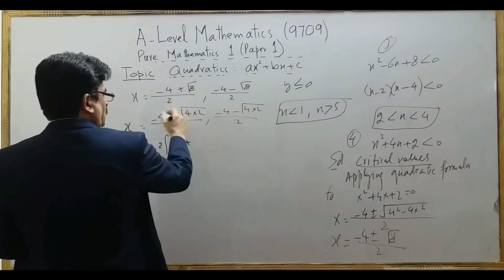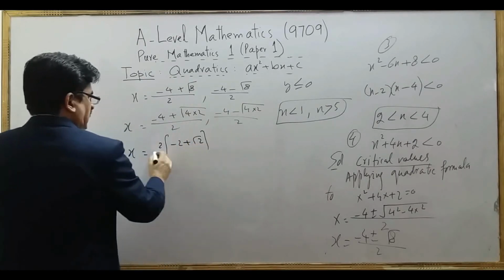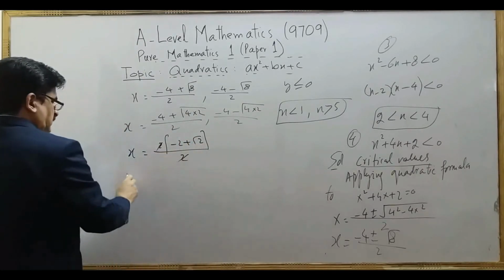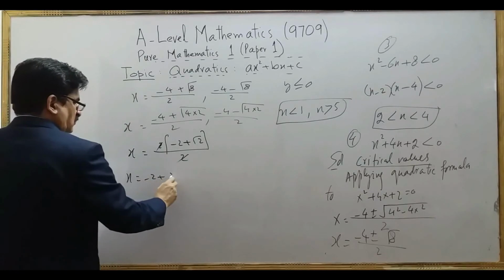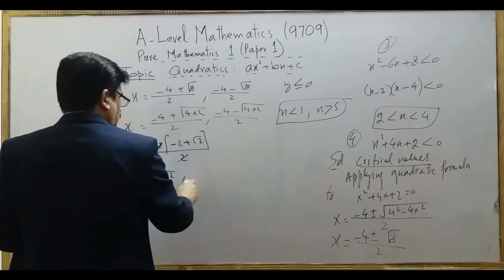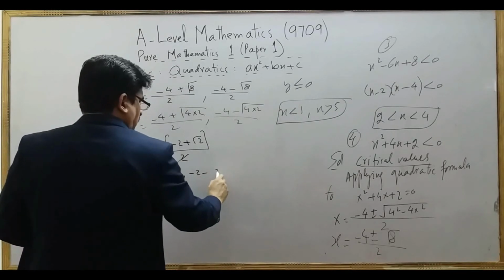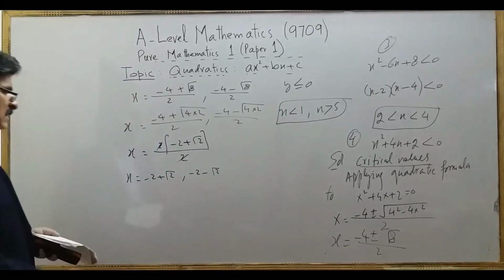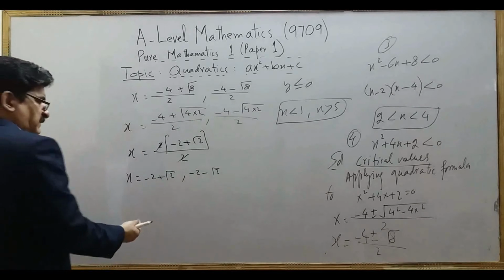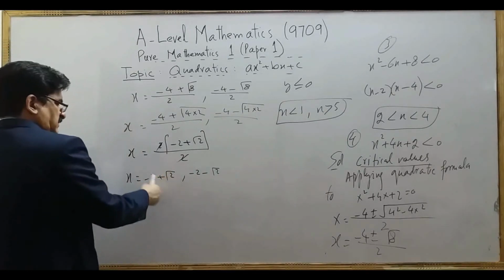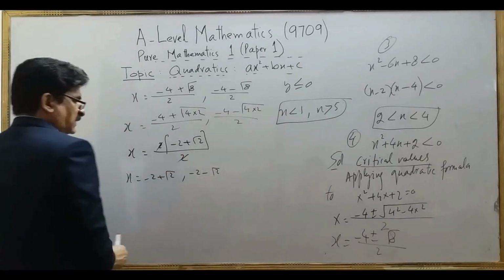From here you can take 4 outside, 2 common. At this level you understand this. Now it cancels out, and you will have minus 2 plus under root 2. Similarly, from here, after cancelling, you will have minus 2 minus under root 2. Now you can check from a calculator that this is the greater value, and this is the smaller value.